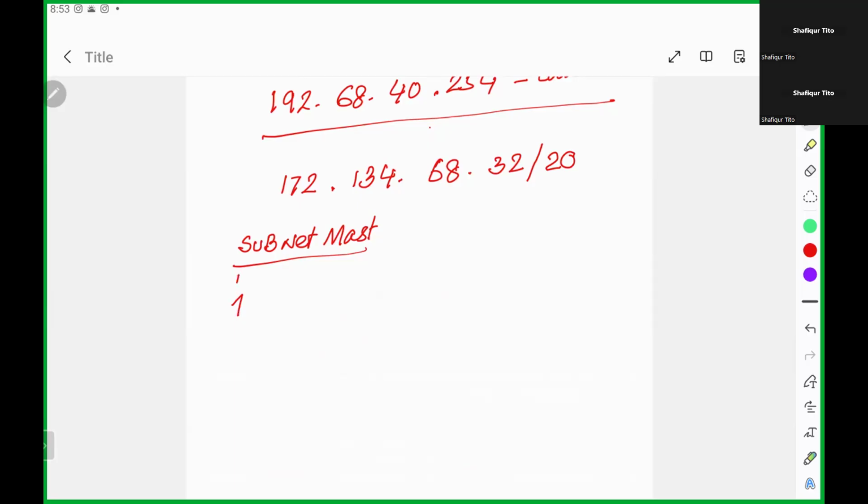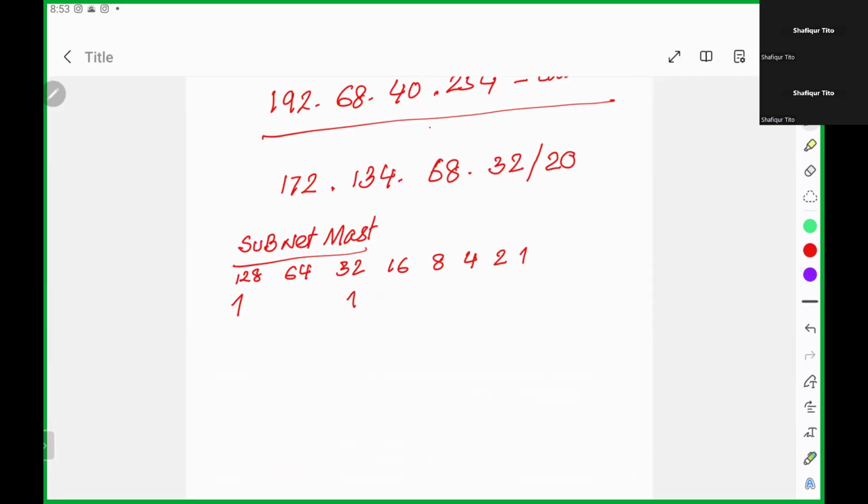Then I write down 128, 64, 32, 16, 8, 4, 2, 1. So 128 is 1. Then I have 44, so I put 1 for 32.